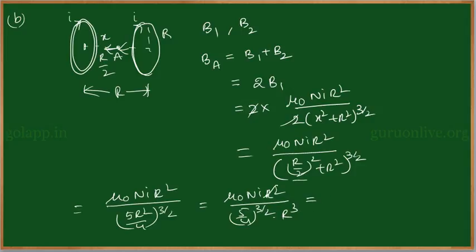The r square and r terms will get cancelled. You will get 4 by 5 whole to the power of 3 by 2 into mu naught Ni by r. 4 by 5 whole to the power of 3 by 2's value is 0.72 into mu naught Ni by r. That's what we need to prove. Hence proved.